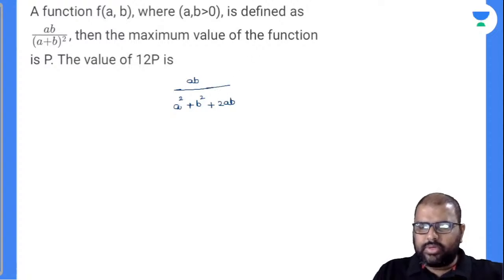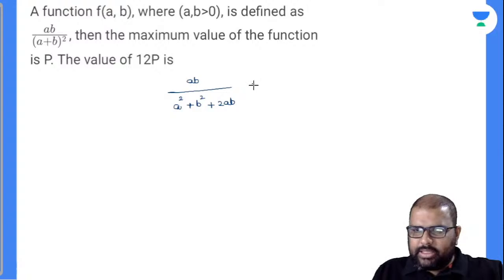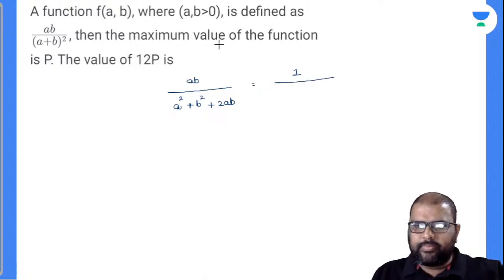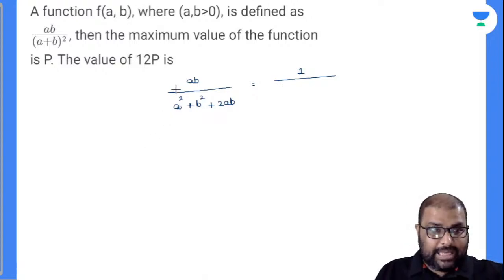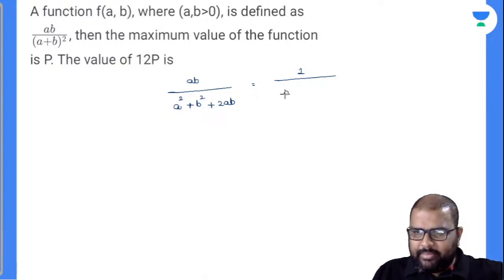So can I write down like this? 1 divided by, a square by ab is nothing but a by b. b square by ab is nothing but b by a. Now plus 2ab by ab is nothing but 2.